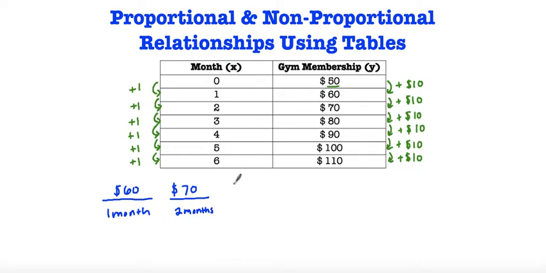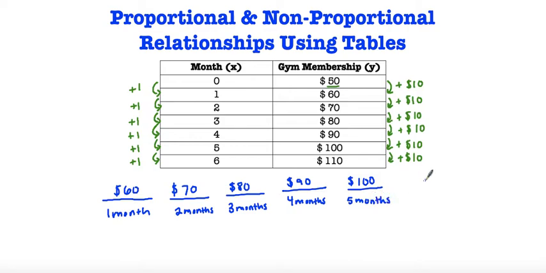After 3 months, we pay $80. After 4 months, we pay $90. After 5 months, we pay $100. And then after 6 months, we pay $110.